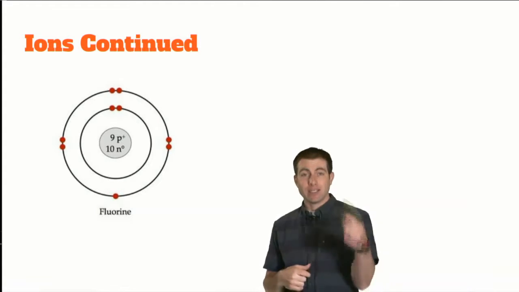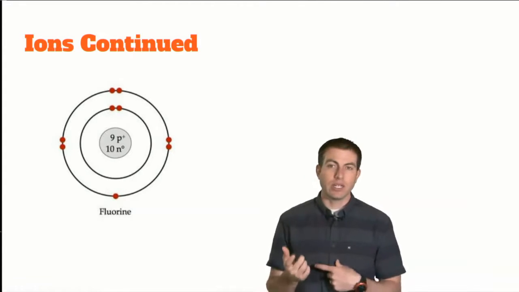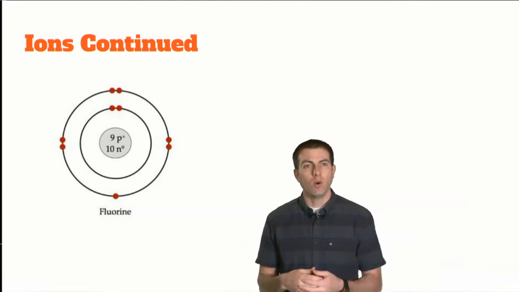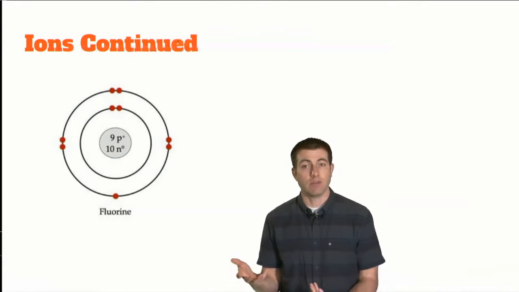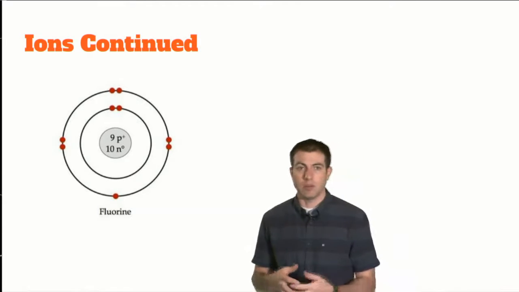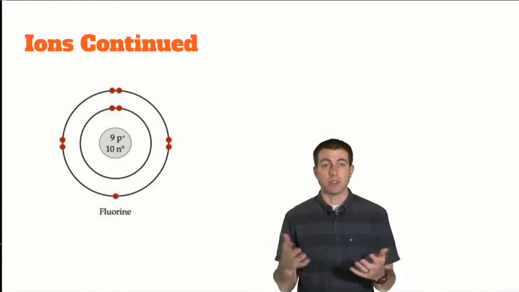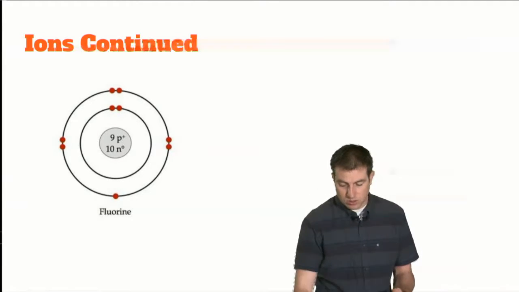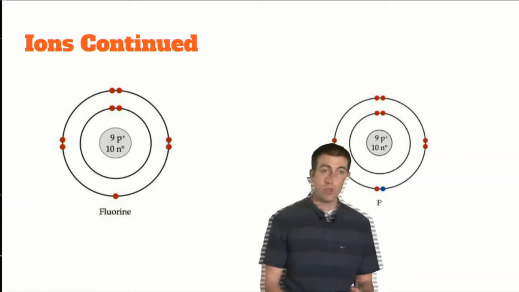Now, asking the next question beyond that is, if fluorine decides to get rid of a bunch or gain 1, what is the new charge it's going to have? So, you guys are right. Fluorine's going to gain 1 electron to fill its outer shell because it only needs 1 to have that full 8. So if it gains 1, it's going to look like this.